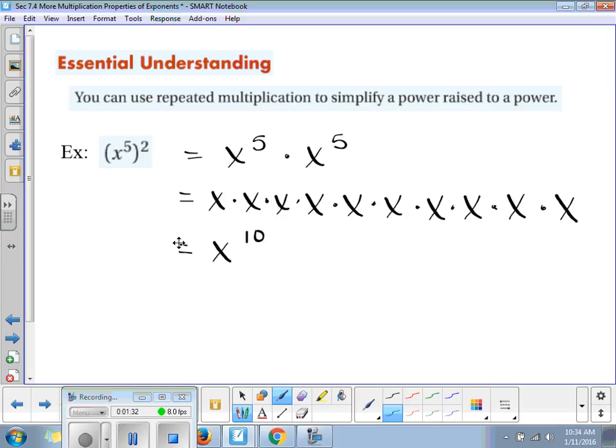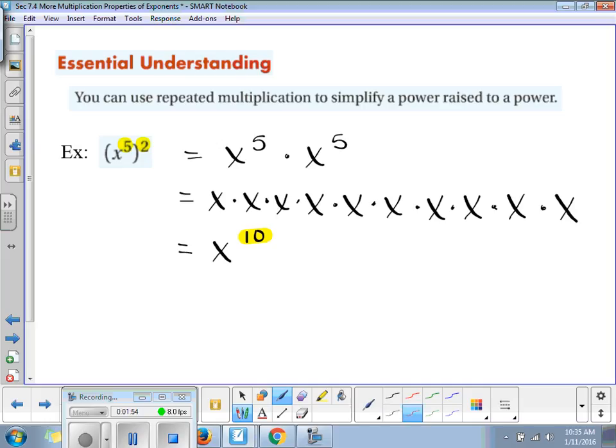That's x to the 10th power. So, when you look at this, how do you get from the start to the end? You multiply your exponents.